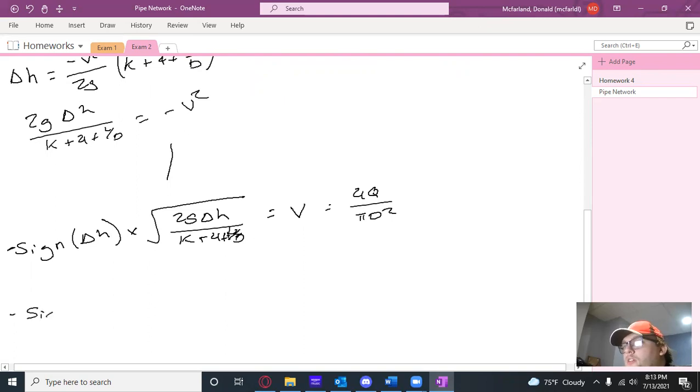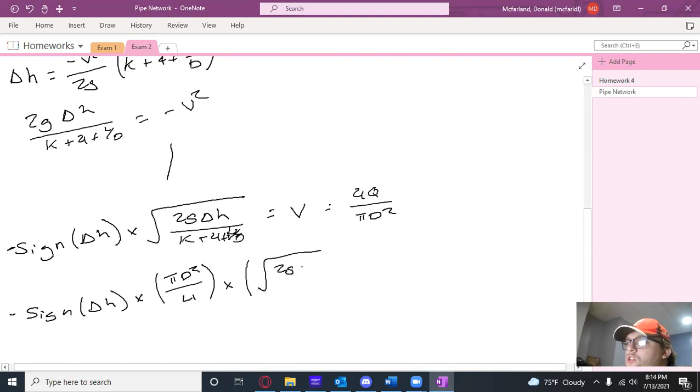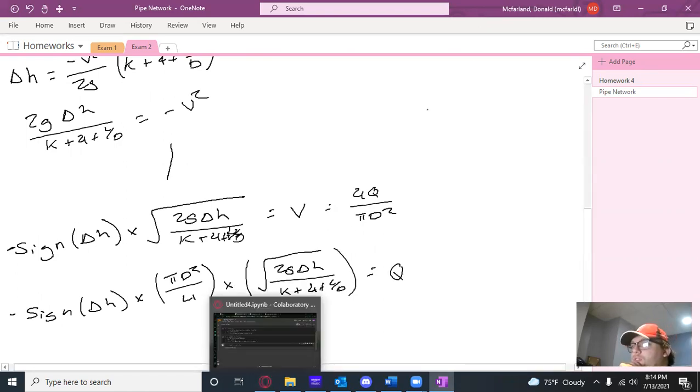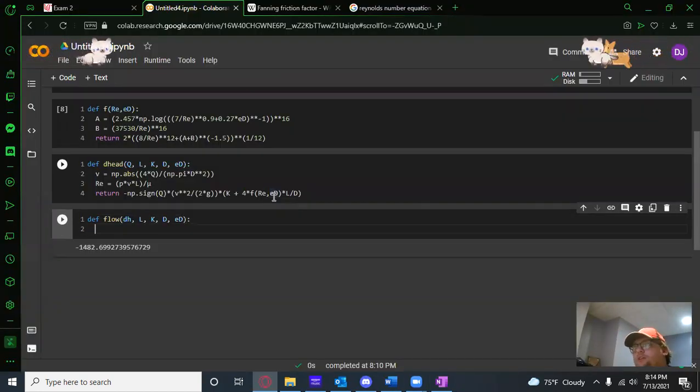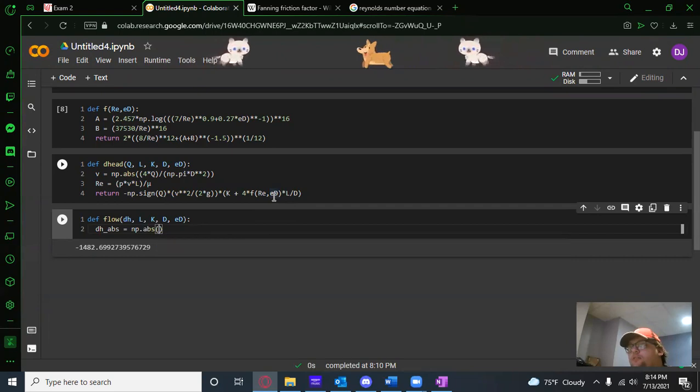We have the opposite sign of delta H, multiplied by pi d squared over 4, multiplied by the square root of 2g delta head over K plus 4F L over D. So what we need here is the absolute value of delta H. So dH absolute value is mp.abs dH.